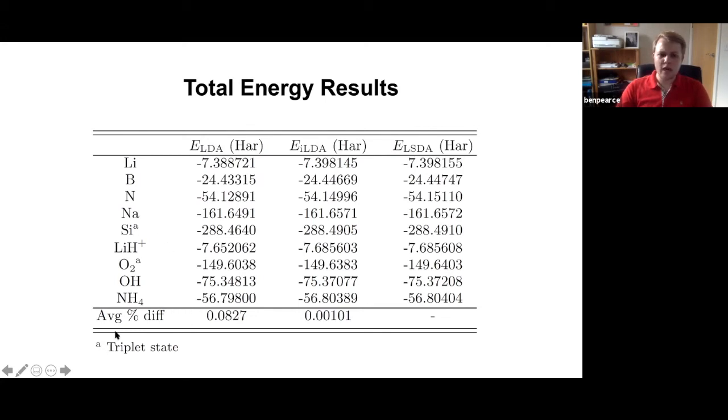If you scan the average percentage difference row at the bottom, you can see that for an unpolarized LDA calculation, we get a percentage difference of about 0.1%. Compare that to an implicit LDA, we're down to 0.001%. So these energies are far, far closer to the spin LDA results. I should say that for the molecules, these are all at equilibrium geometries.